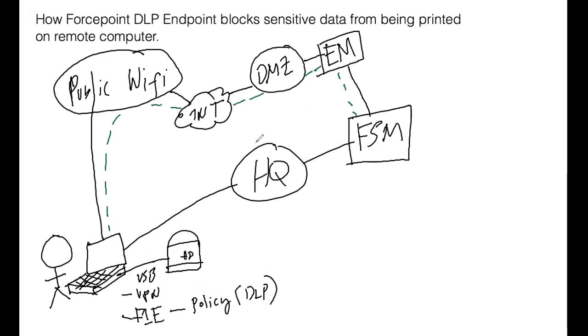The third scenario, okay? I'm gonna change my colors here. So let's say the user was like, you know what? I will totally turn off all of my network devices installed on this laptop and totally disconnect and then try to print data.